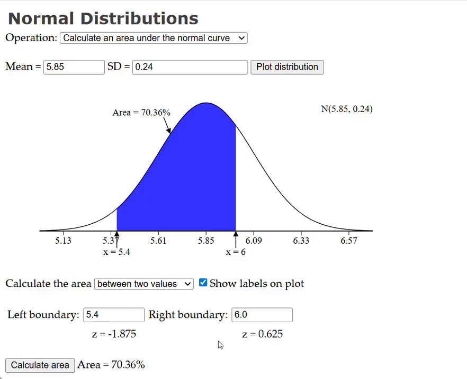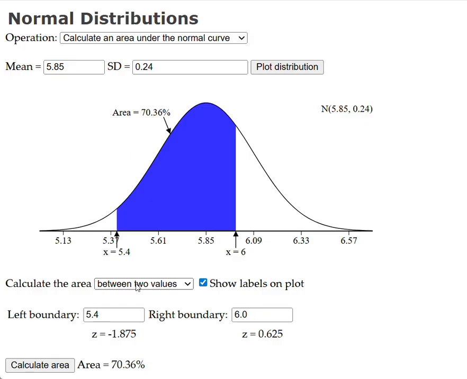It gives us the z-values, but we don't even need them. All we have to do is just look at the answers. 70.36%. Round that to the nearest integer, we get 70%. So there's a 70% chance that if you pick an orange on this farm, it will have a diameter between 5.4 and 6.